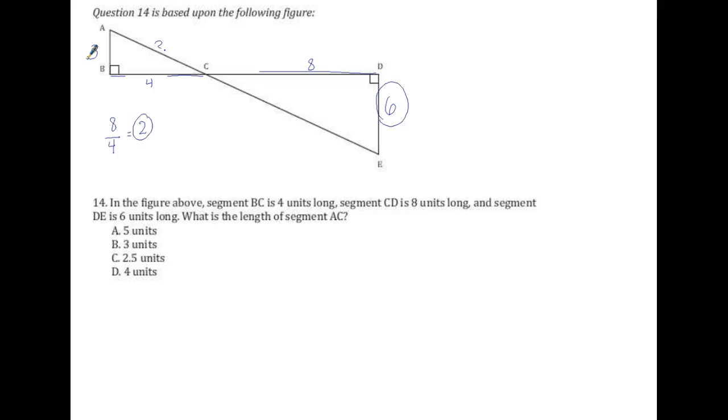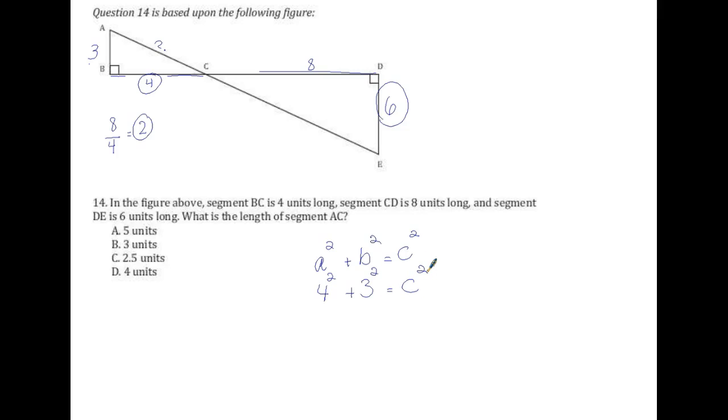So I can find the hypotenuse using the Pythagorean theorem, which states that A squared plus B squared equals C squared. So my A is a 4, so 4 squared, plus B is 3, because 3 squared, equals C squared.